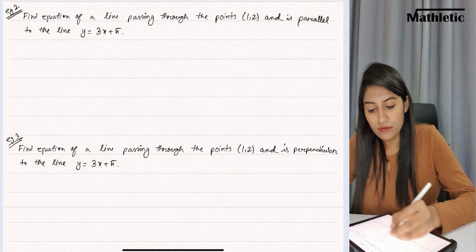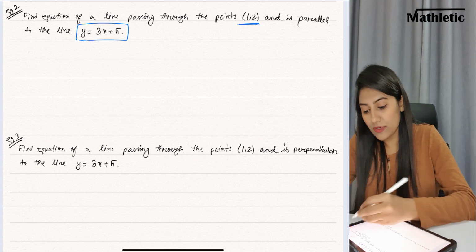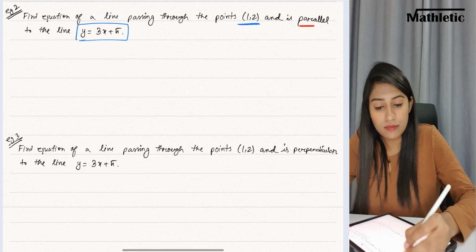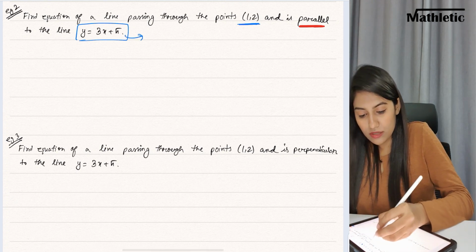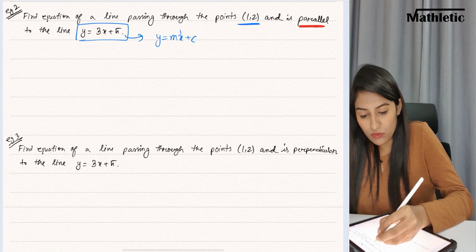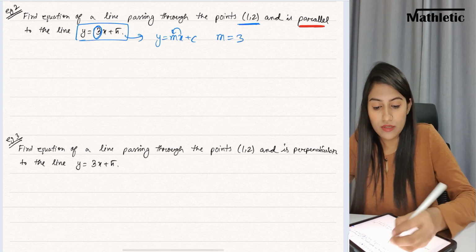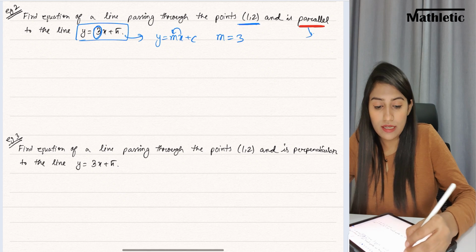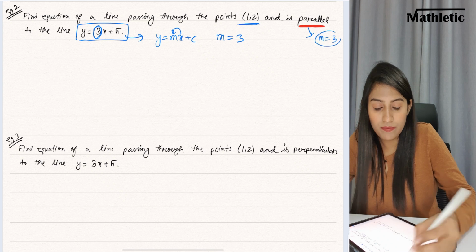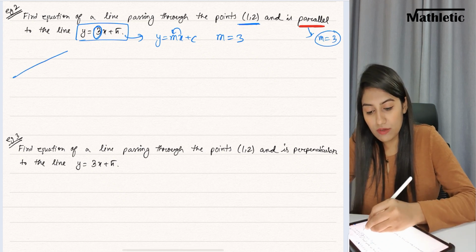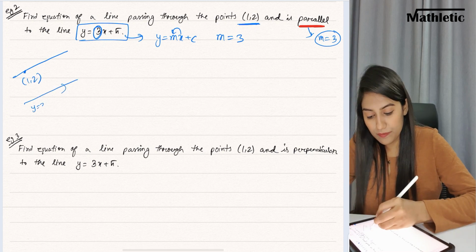So here we need to find the equation of a line which passes through (1, 2) and is parallel to this line. As we have already discussed in my previous video, parallel means the gradients will be the same. If we compare this with the general format, y equals mx plus c, the coefficient of x is the gradient. So here we can clearly see the gradient is 3. Since the lines are parallel, the gradient of our line is also 3.